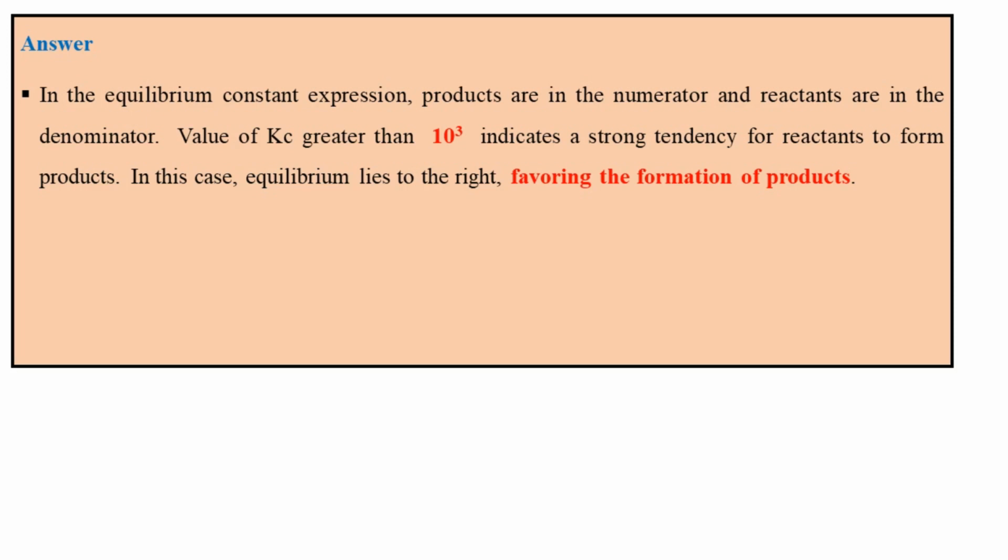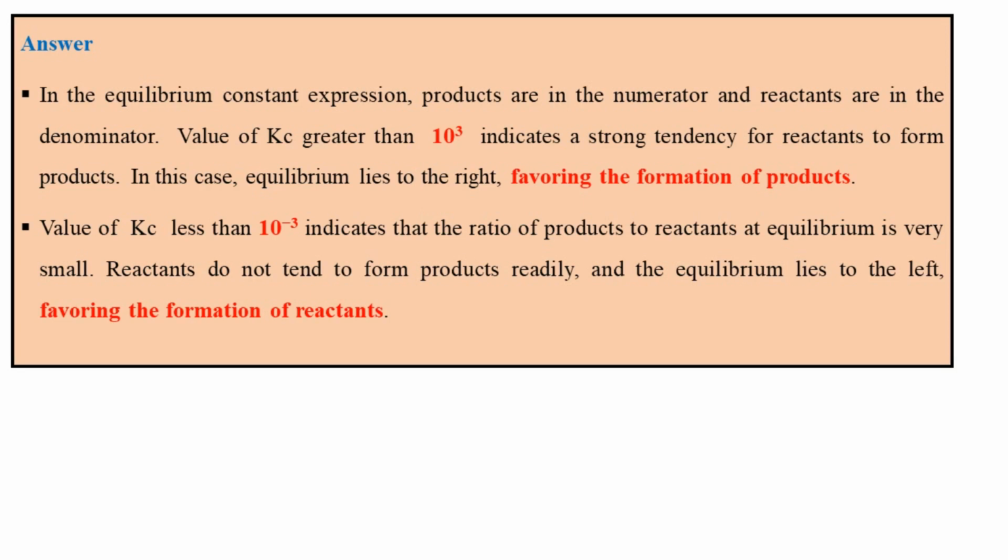In this case, the equilibrium lies to the right, and we are favoring the formation of the product. You have a high value of Kc, that means you have mostly product present at the equilibrium. The high percentage will be the product at the equilibrium if you are having the Kc greater than 10 power 3.